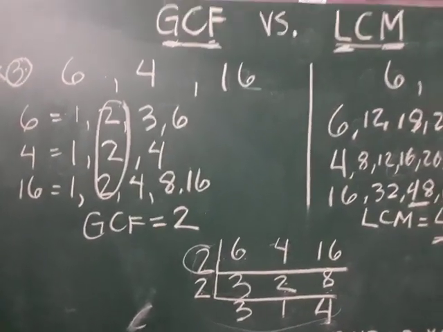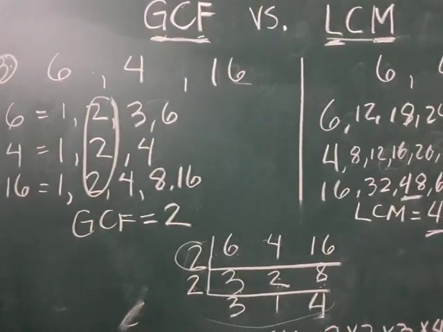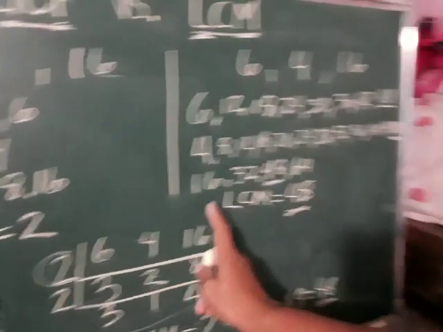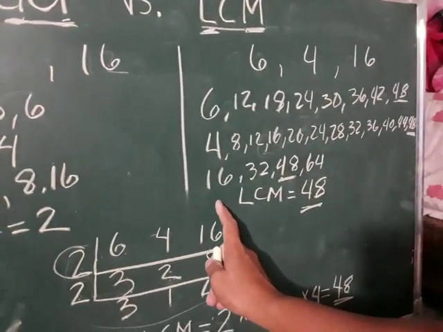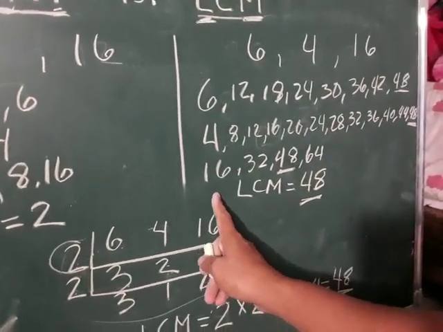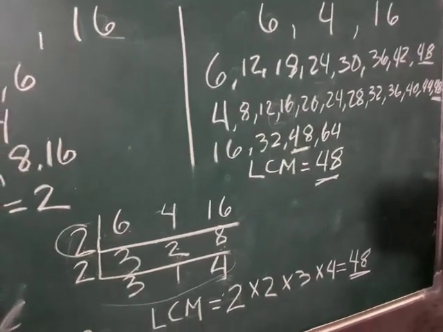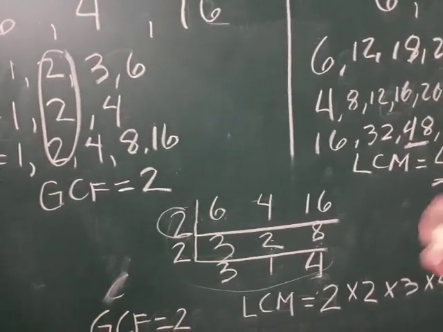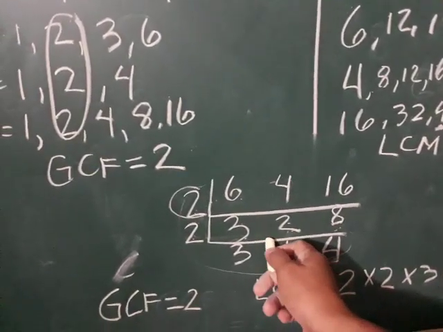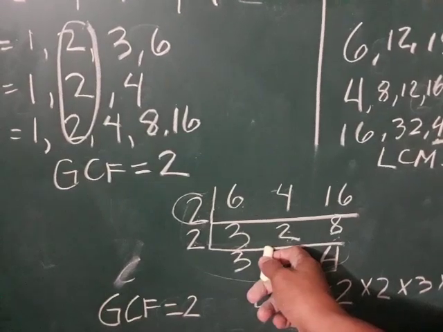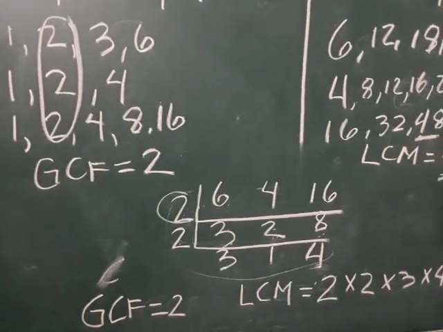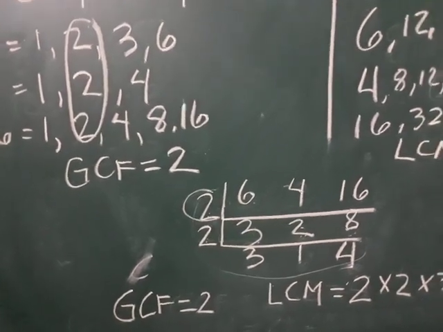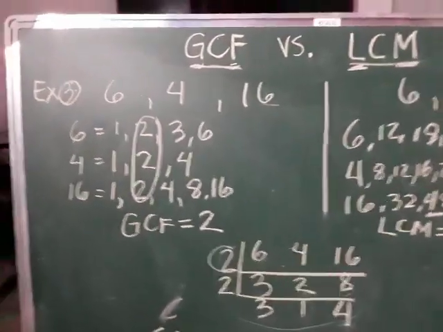Listing method is quite hard if you do not know how to factor, and if you do not know skip counting, and the same goes for continuous division. But continuous division is much easier because we can get the GCF and LCM at one time. Okay? So isahan na lang siya. Okay guys?